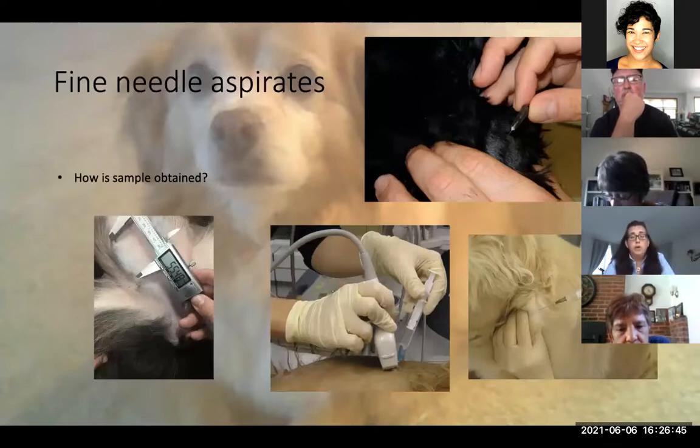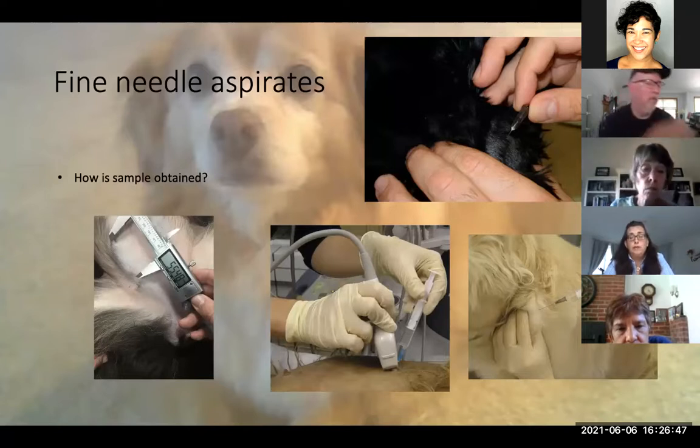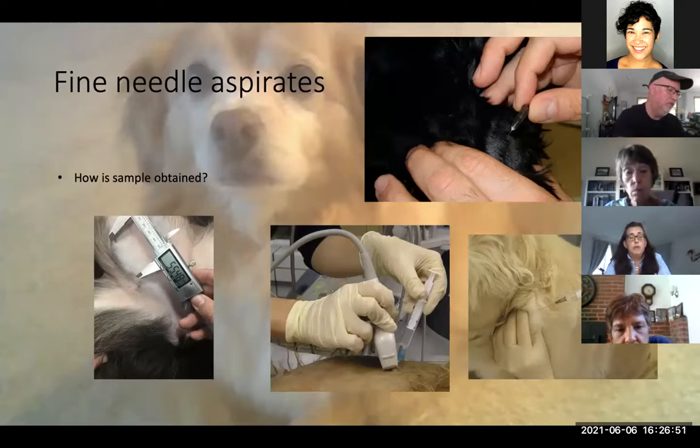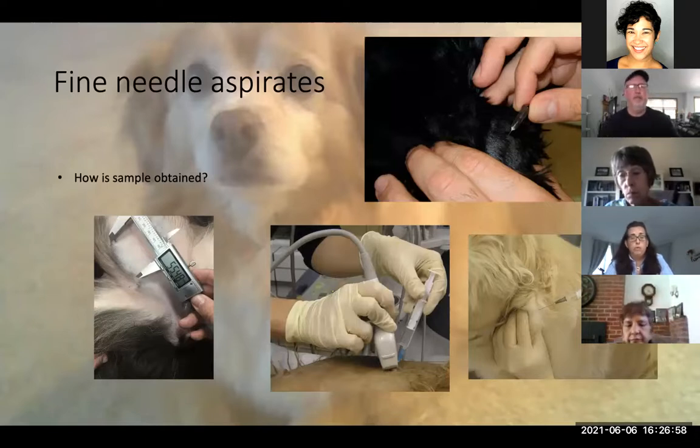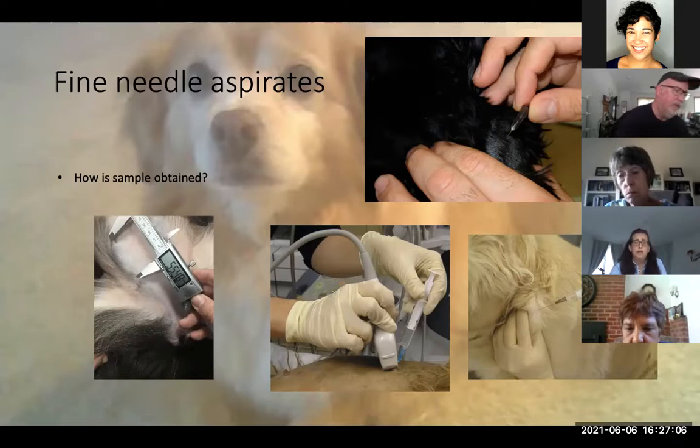The fine needle aspirate describes the technique of getting a sample. Here we would always measure the mass, and then we would either use just a needle or use the ultrasound machine to go after a mass maybe internally, so that we can get a sample.